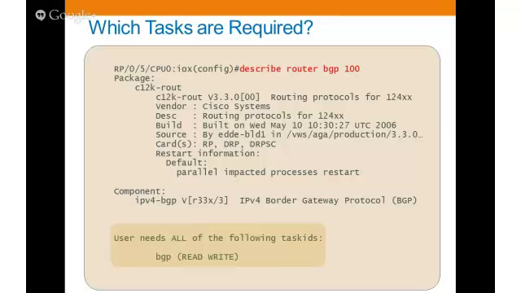Obviously, you would log into the router with your own username and password, and you will be able to type this command out, and it will give you the task IDs that are required for you to access this.